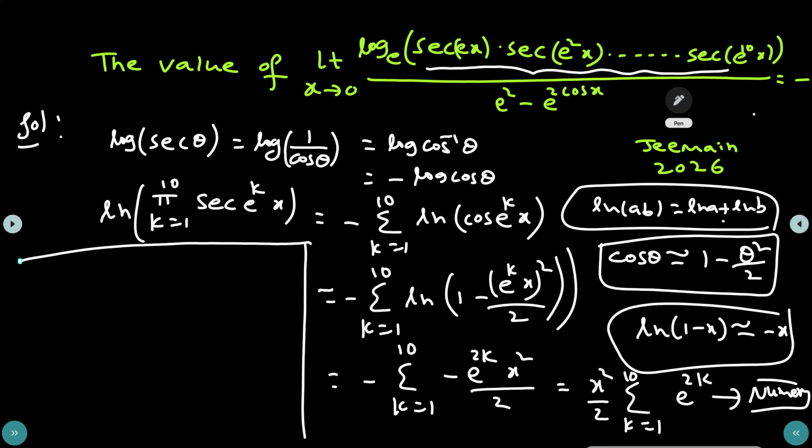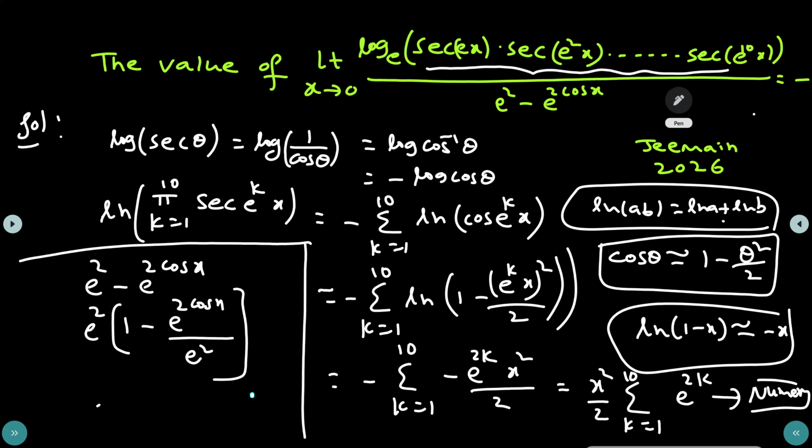Now come to the denominator. Observe the denominator. What is the denominator here? E power e square minus e power 2 cos x. I am taking e square common. You can write 1 minus e power 2 cos x by e square, right?